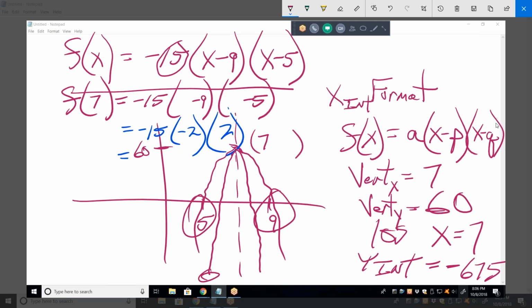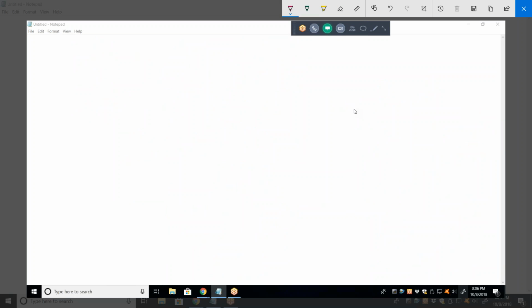And that means it's not going to cross the y-axis until all the way down at minus 675. Okay. So knowing what the graph looks like is helpful, but not vital. You can figure out every single thing here without even drawing a graph, as long as you remember the method.